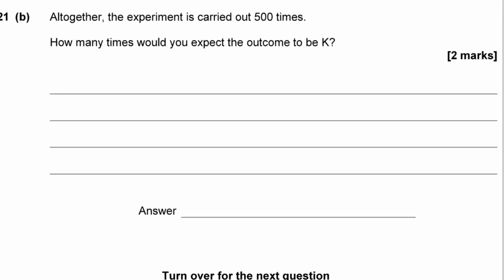Now part B says, altogether the experiment is carried out 500 times. How many times would you expect the outcome to be K? Okay, now expected outcomes is going to be the relative frequency multiplied by the number of trials.